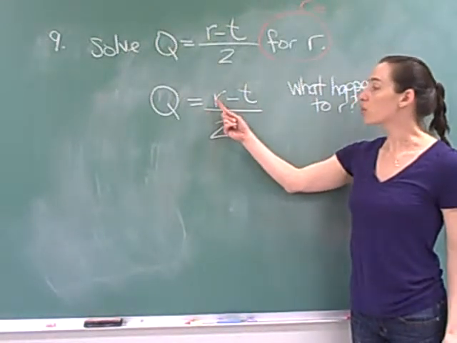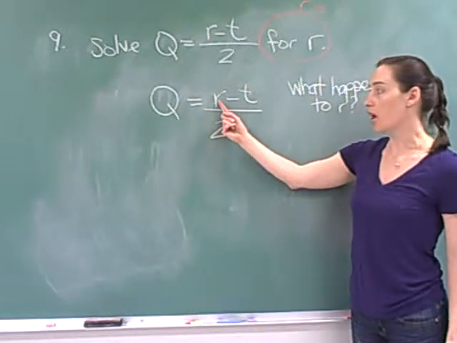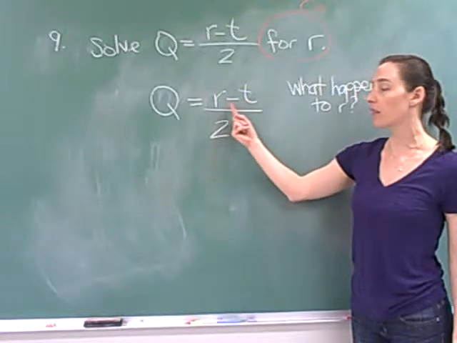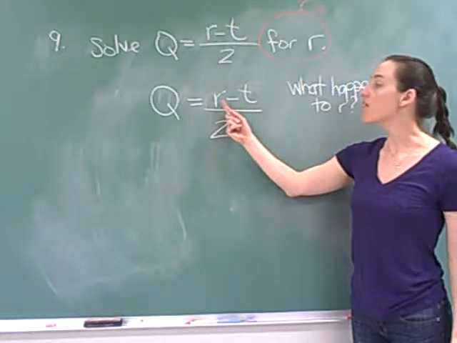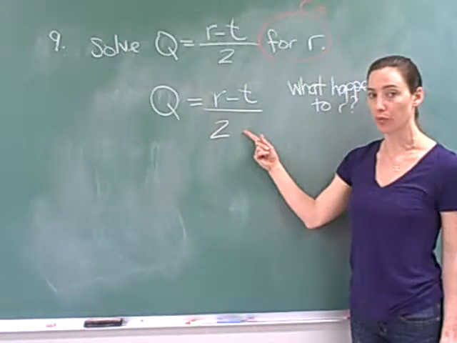So my R is trapped in my numerator. The first thing that's happening to R is that it's being subtracted by the number T. And then that entire quantity is being divided by 2.